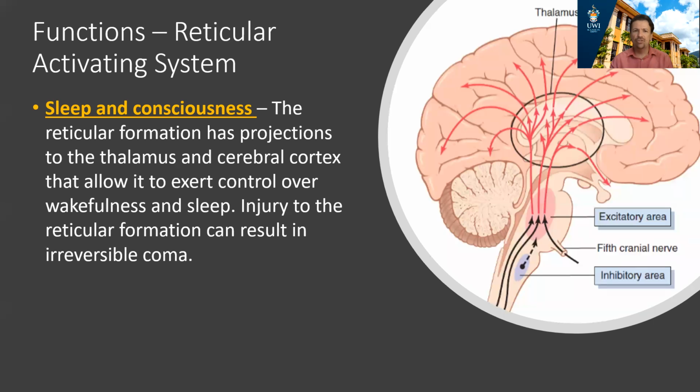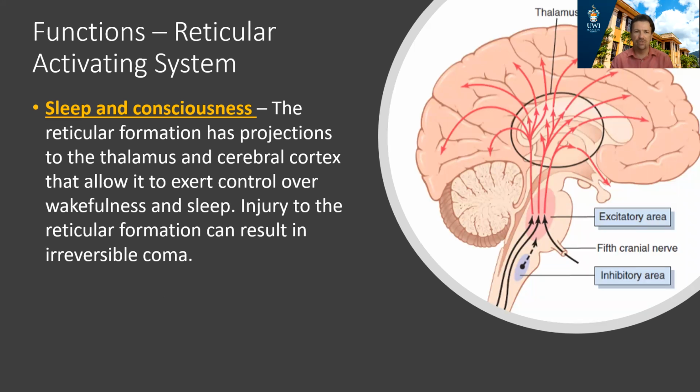Similarly, these projection neurons are involved in sleep and what we perceive as consciousness. We know a lot more about the neurobiology of sleep, and scientists are also probing and seeking to understand the neurobiology of consciousness and how these projection neurons can be involved in that strange thing in the human experience that we call consciousness.